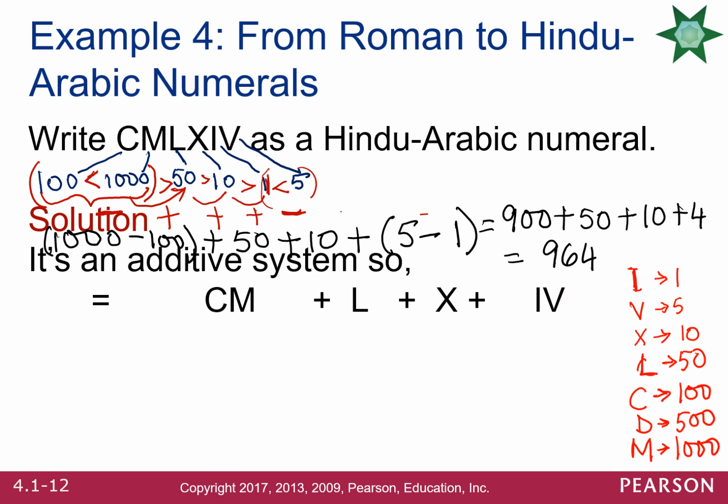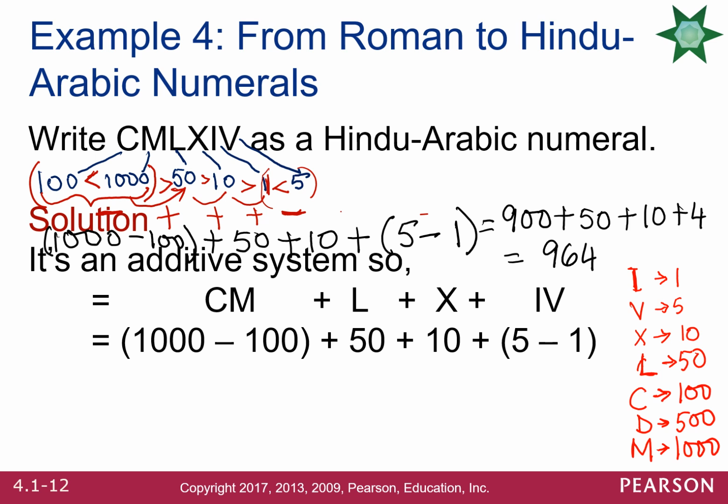Okay, so let's get the next one here. They've done exactly the same as what we did. 1000 minus 100 to represent CM, plus 50, plus 10 for the X, and then plus 5 minus 1 for a value of 900 plus 50 plus 10 plus 4, which is 964, and that exactly matches what we got for our answer.